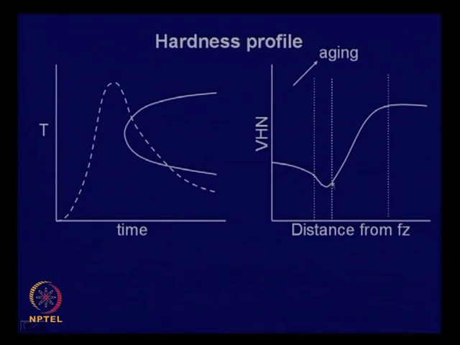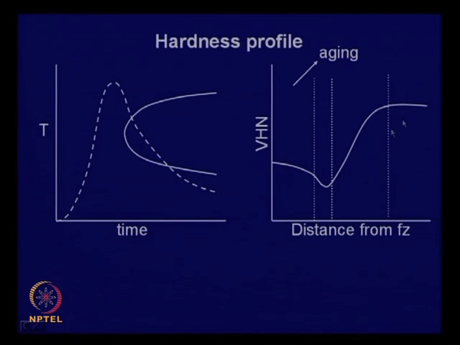There will be a drop in hardness, and in some cases there can be a little increase in hardness also. Suppose a part of the zone has formed a supersaturated solid solution, and during subsequent cooling it can get some amount of natural aging. Therefore, its hardness can also go up here. So, this is the distance from the fusion zone.